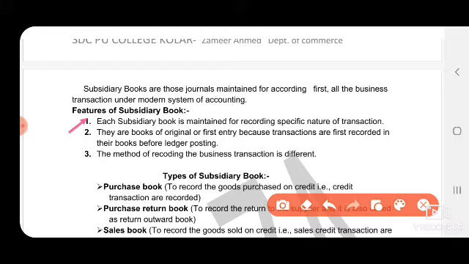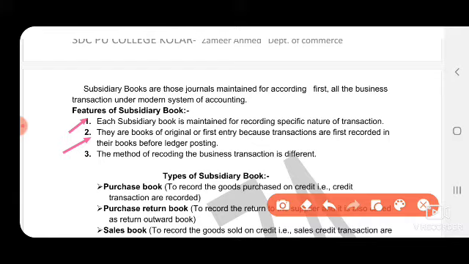Sales transactions are recorded in the sales book. So all credit transactions are recorded in subsidiary books and cash transactions are recorded in the cash book separately. They are books of original first entry, because the transaction is first recorded in these books before ledger posting.